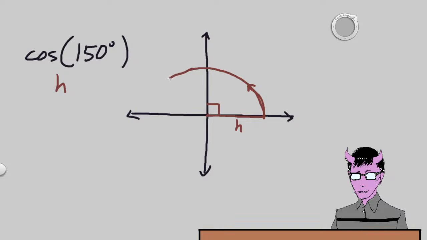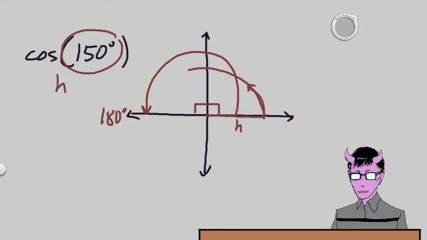So where do we end up? Here? No, we don't. Why not? Because this is 90 as well. So from here all the way to there is going to be 180 degrees. This is 150 degrees, which is 30 degrees short. And that's going to be a key number. It's 30 degrees short of half circle.